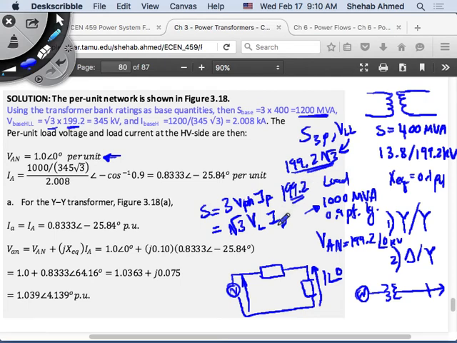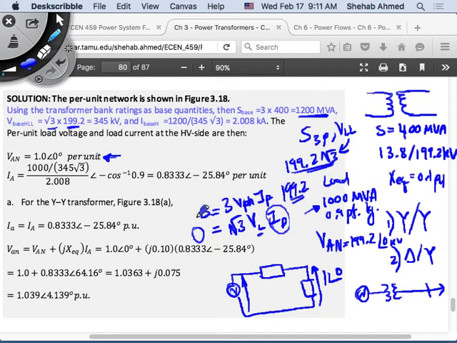So if I want to calculate the current, I can use the line-to-line voltage base and the three-phase power. Or I can use the phase voltage base and take the three-phase power and divide it by 3, and we go back to the 400. So you have to be careful what you're using for the calculation.